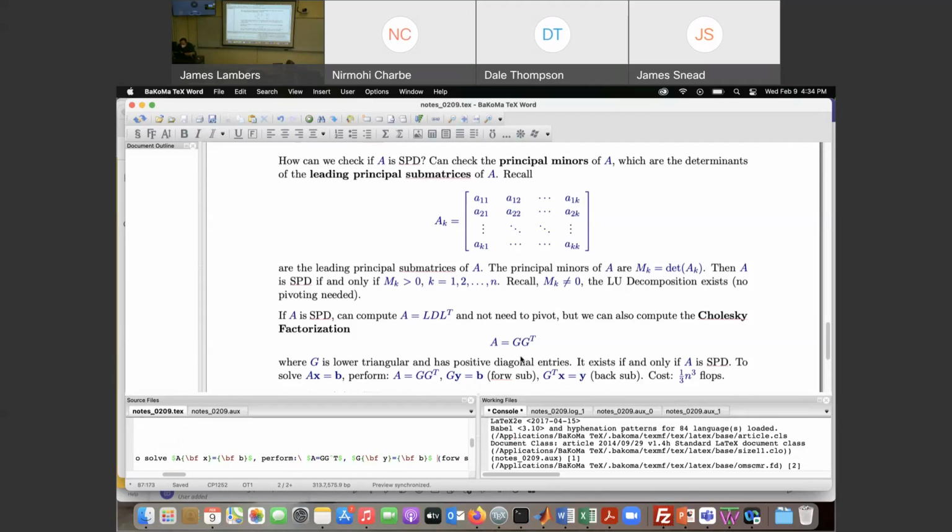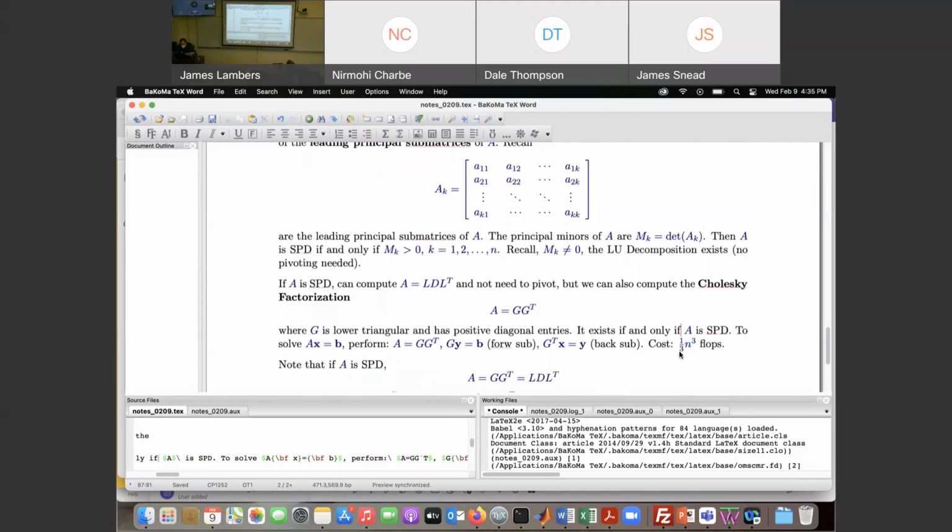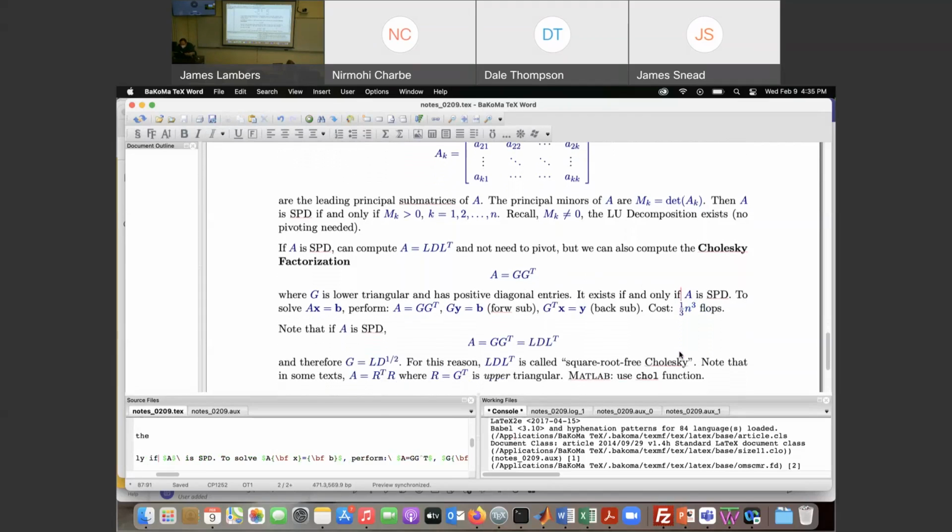So a Cholesky factorization algorithm, which I'll show you in a bit, only computes one of these factors because you know that the other one is its transpose, and that's where this cost savings comes from. It's worth mentioning that if A is SPD, so it has both of these factorizations, they're actually very closely related.